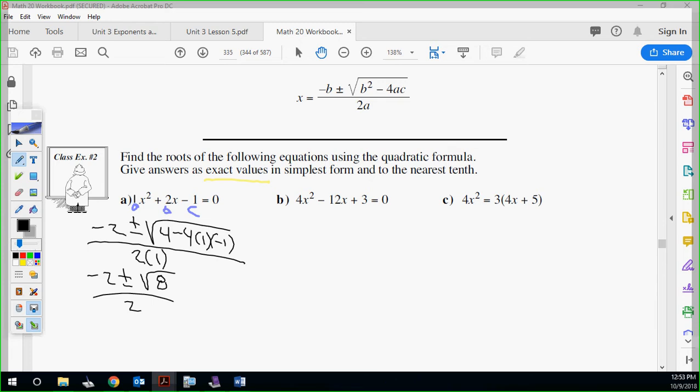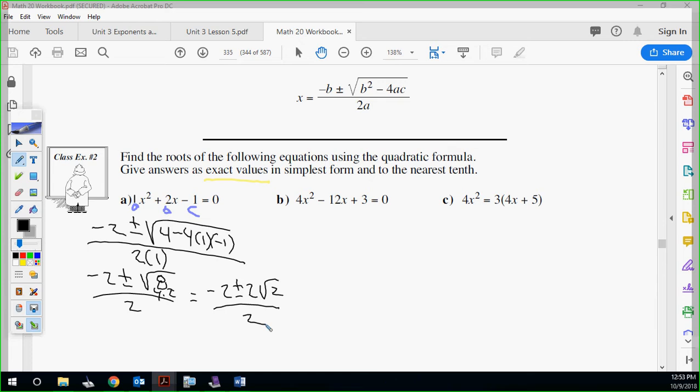So what Gavin was saying is, we already learned radicals, so 8 we're breaking down to 4 times 2. The 4 comes out as a 2, so then this is negative 2 plus or minus 2 root 2, a lot of 2's, all over 2. Just how you wanted it, very simple.